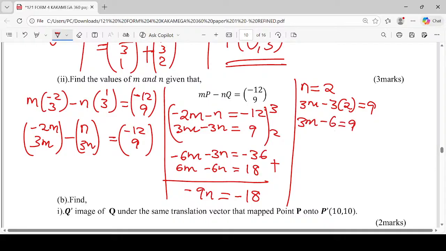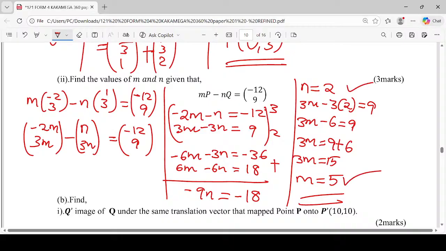It will mean that our 3m here will be equivalent to 9 plus 6. So 3m is equals to 15. That means the value of m will be equivalent to 5. So m is 5, n is 2. That is how you interpret such a question.